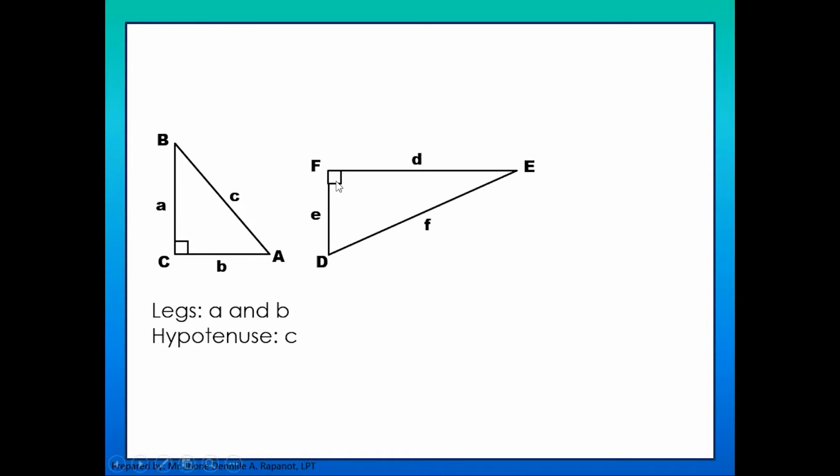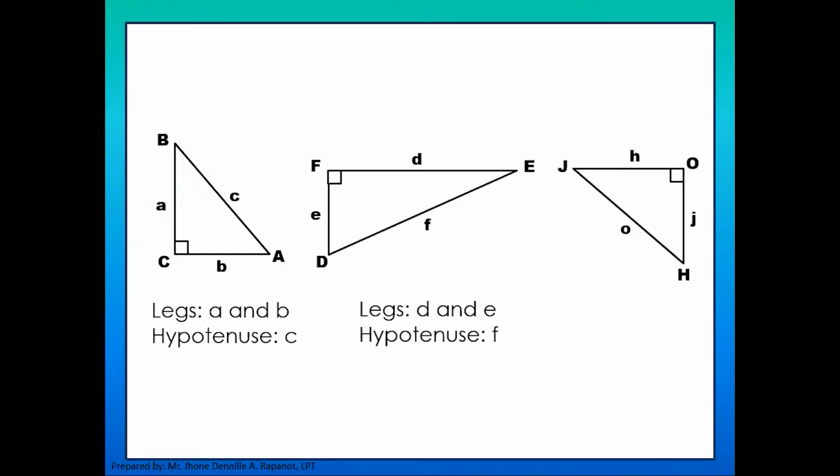Now, this is your indicator for the right angle. Opposite to that is your small letter F. That means your hypotenuse. Adjacent to this right angle are your legs E and D. So therefore, we have legs D and E and hypotenuse F.